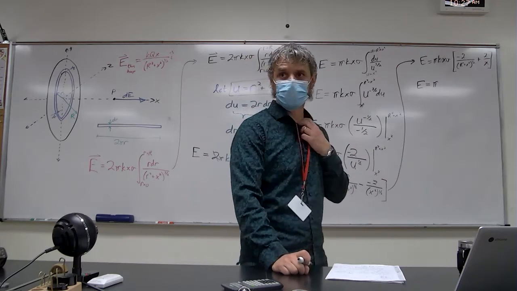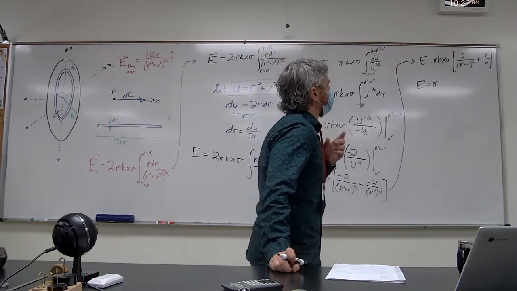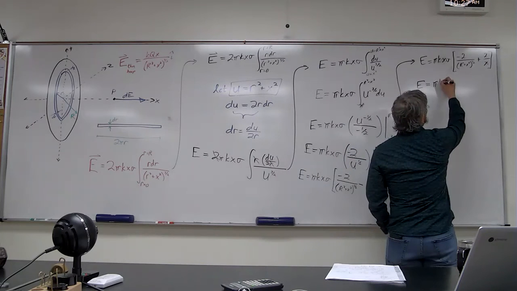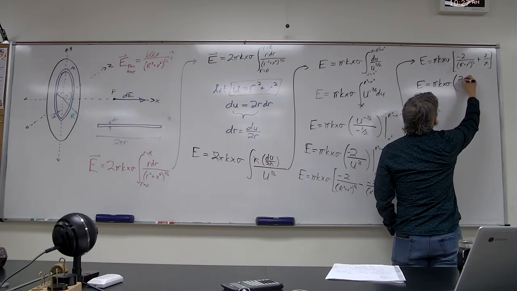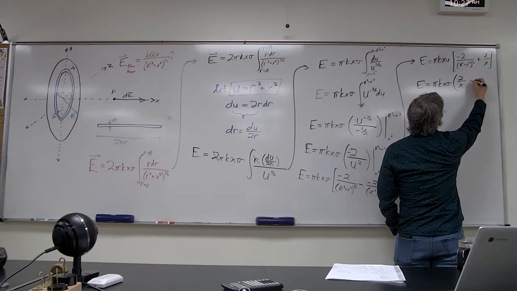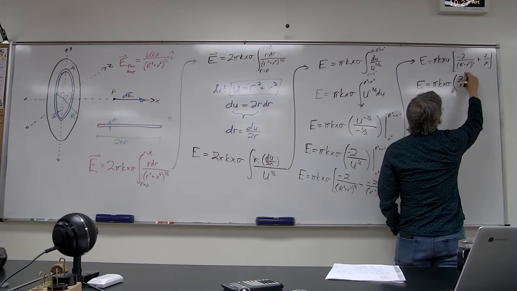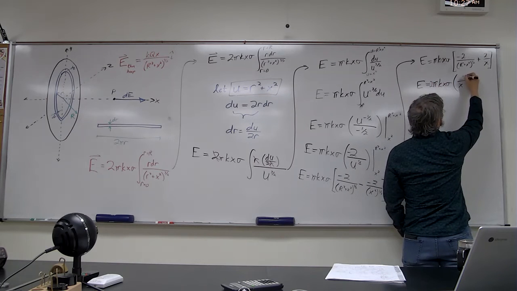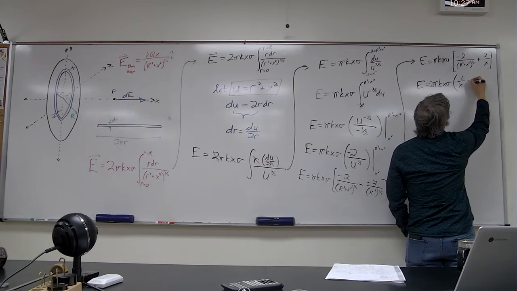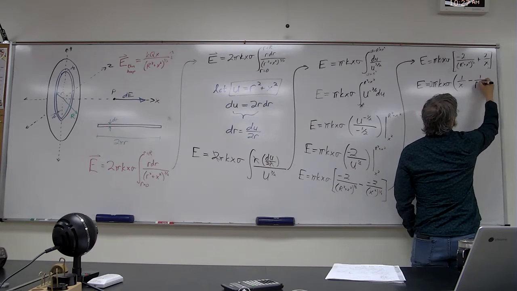Or I could just reverse pi k x sigma times 2 over x. Oh yeah, but I'm saying just pull out a 2. You pull out 2 pi, and then you have 1 over x minus 1 over the square root of r squared plus x squared. Right?